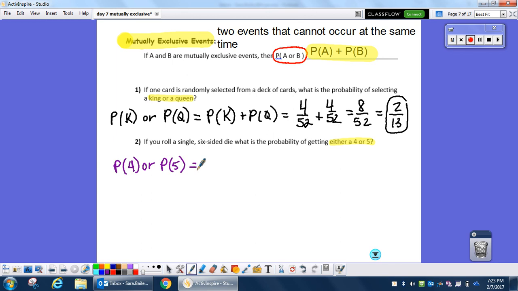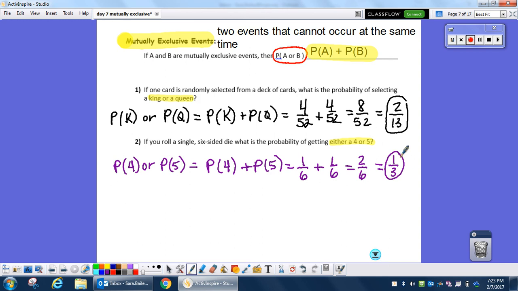So we're going to add the probability of a 4 plus the probability of a 5. You only have one chance of getting a 4. You only have one chance of getting a 5. Adding those two together, you get 2 out of 6, which simplifies to 1/3.